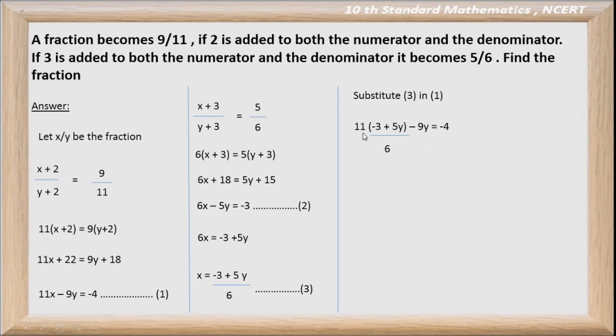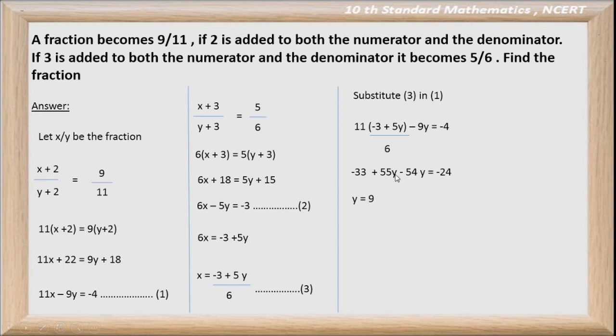Now we can multiply. 11 into minus 3 is minus 33 plus 11 into 5, 55y, minus this 9 and 6. 9 into 6 is 54, minus 54y equal minus 4 into 6 is minus 24.